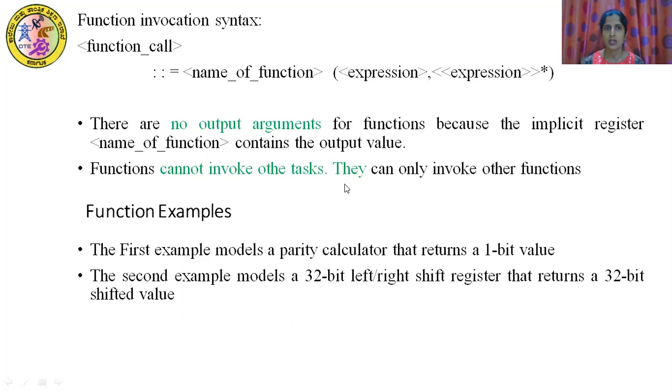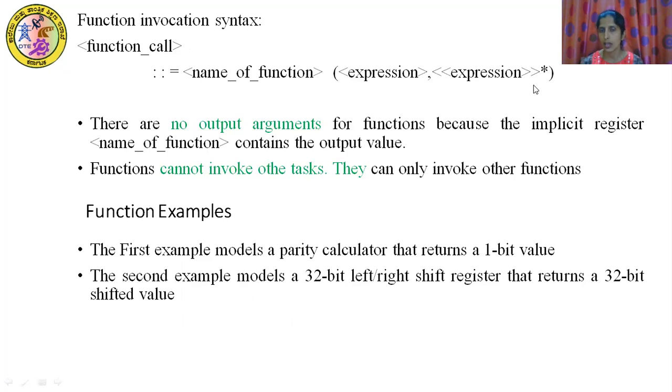Now let's see the invocation of a function. So how is the function invocation syntax? A function is always invoked beginning with the name of the function followed by the expressions. So in a function invocation call, there are no output arguments.